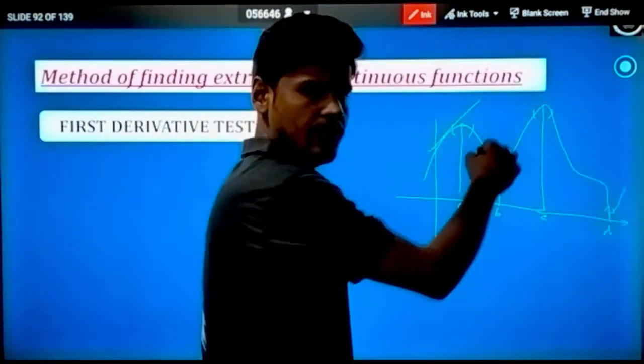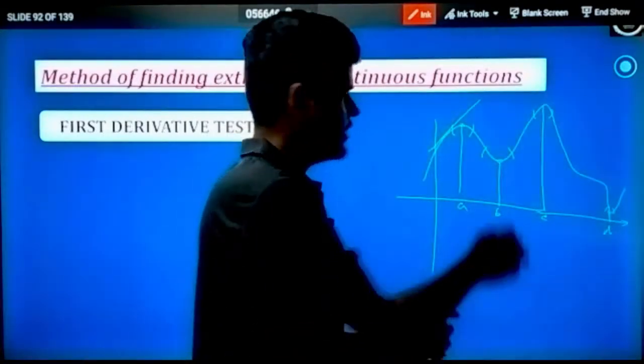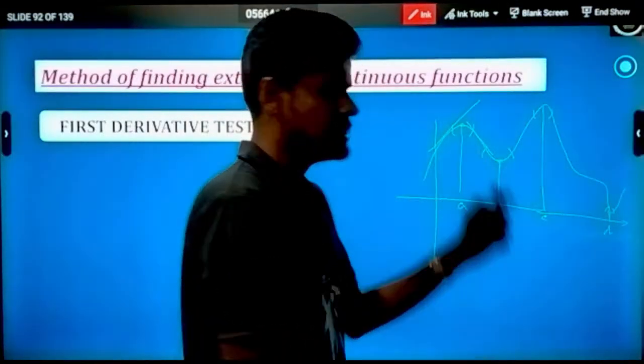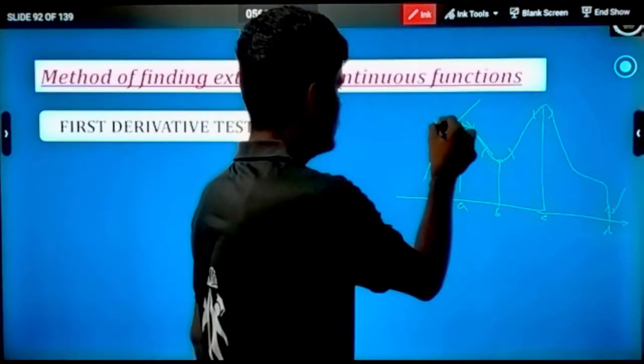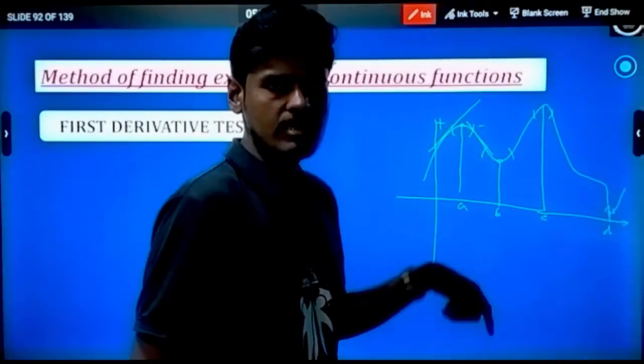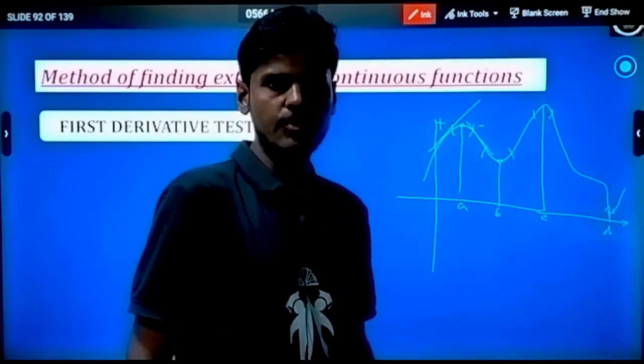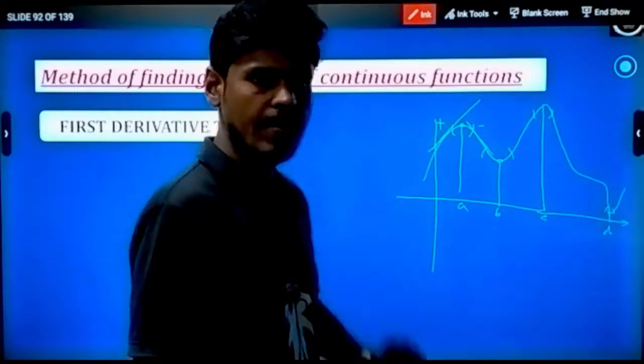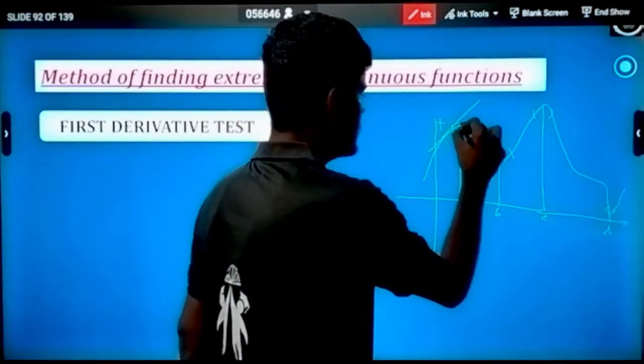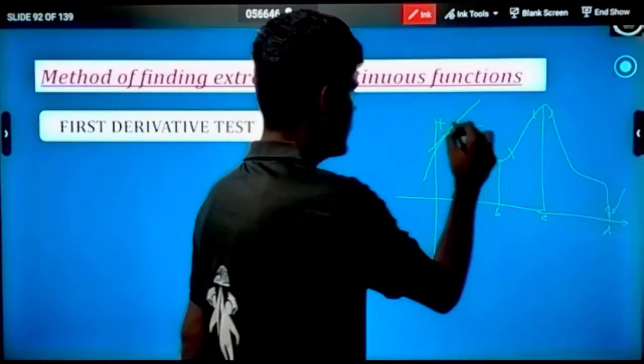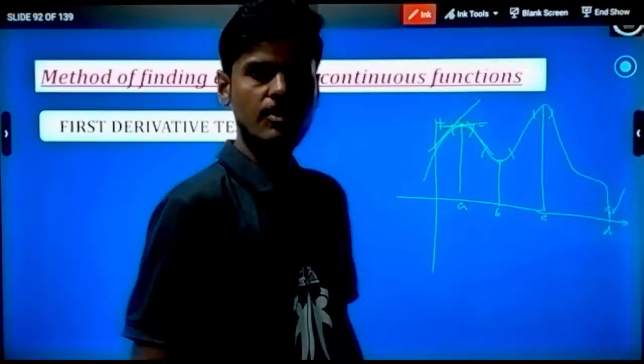And what about this side of point A? The tangent has a negative slope. So here the tangent changes its sign from positive to negative, then the point will be maximum. What is the slope of the tangent at this point? It will be 0.